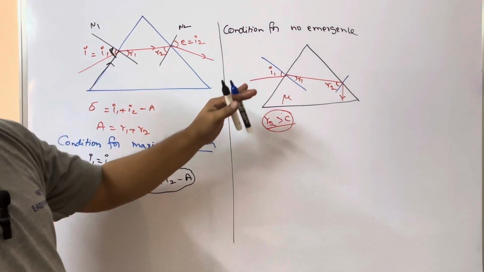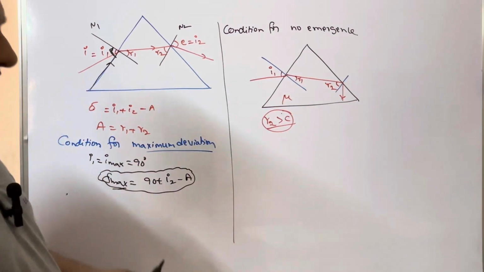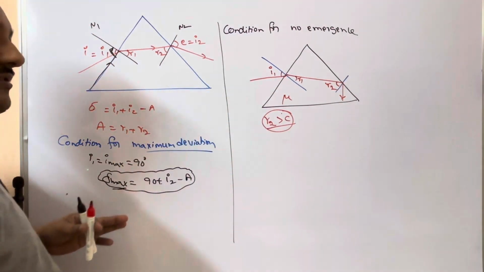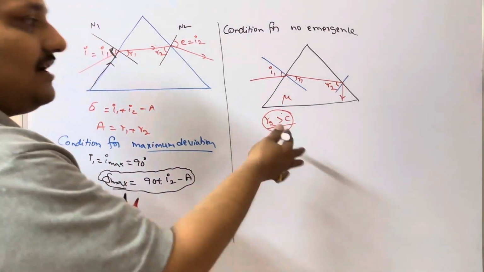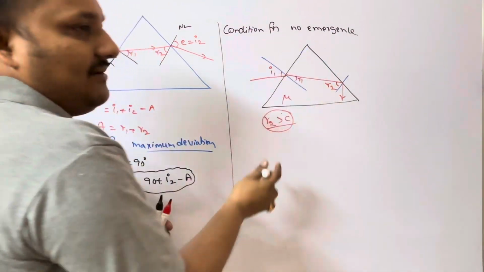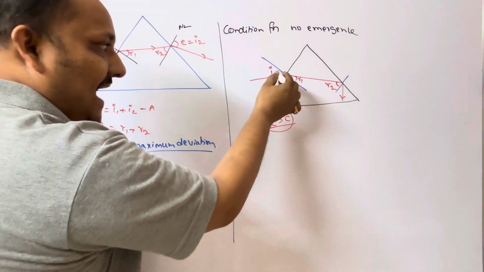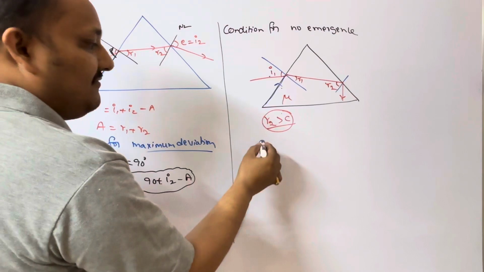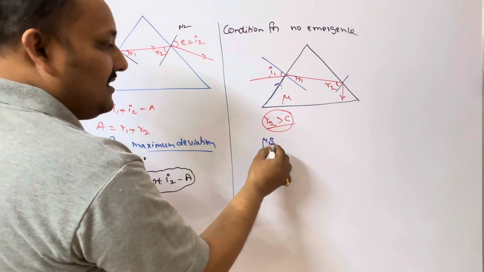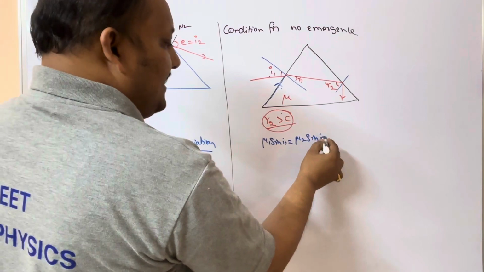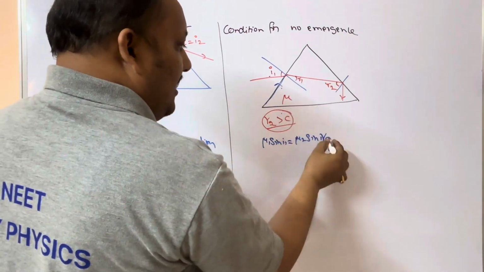At that time we have to do it very calmly and slowly, like a movie hero fighting, slowly. Whenever light is traveling from one medium to another medium, what can be the possible angle here? Maximum means 90 degrees, so that we are going to apply. mu1 sin I1 is equal to mu2 sin R1.